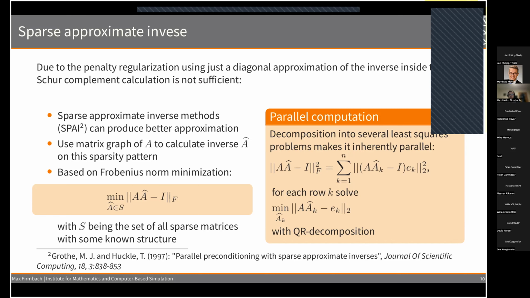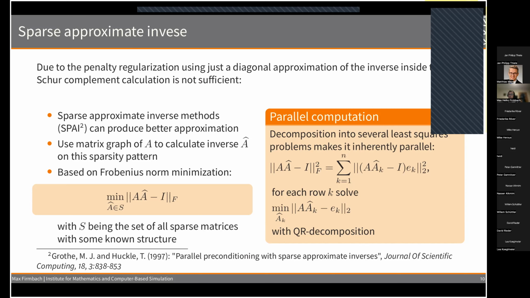And what I want to highlight here is that this method is inherently parallel, which means we can decompose this method into several least squares problems. And for each matrix row, we independently solve one least squares problem, which is in the end just a QR decomposition. Of course, all these rows can be calculated independently of each other, but in the beginning, we need to transfer some information of other values.